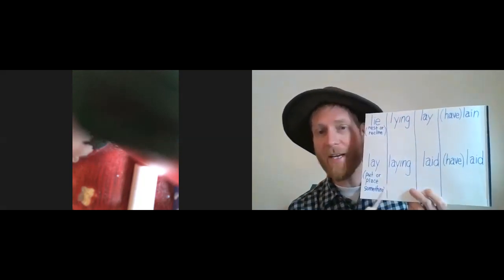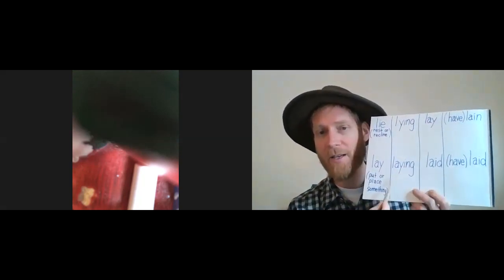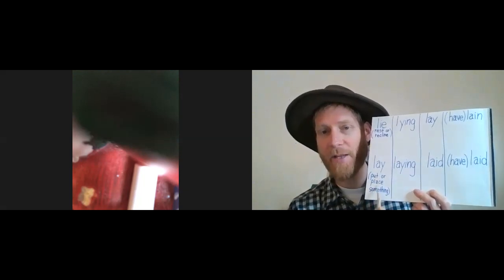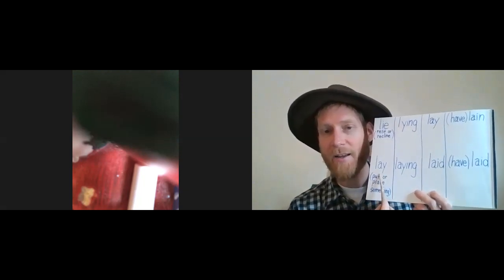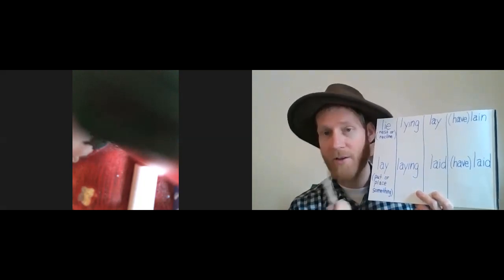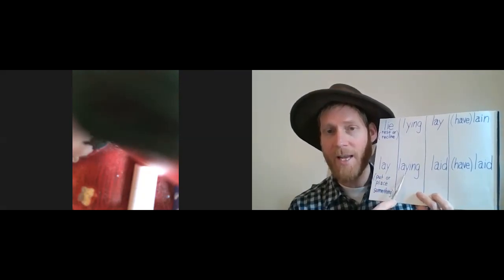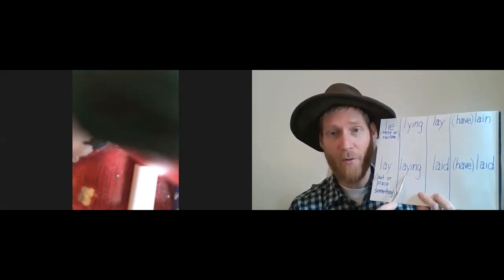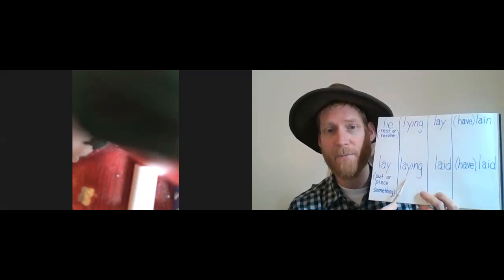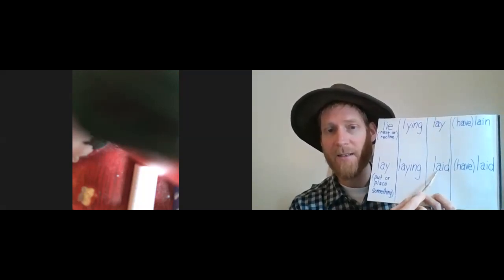Look. And it's because we're confusing it with this one. Lay, to put or place something. I lay the paper on the table often. Right? Laying, I am laying my homework on my desk. Okay? Laid.